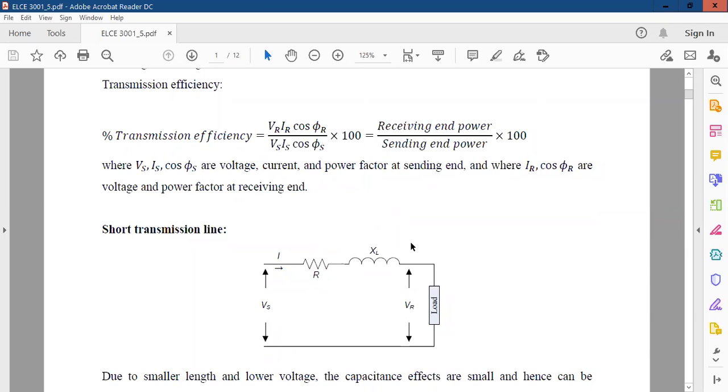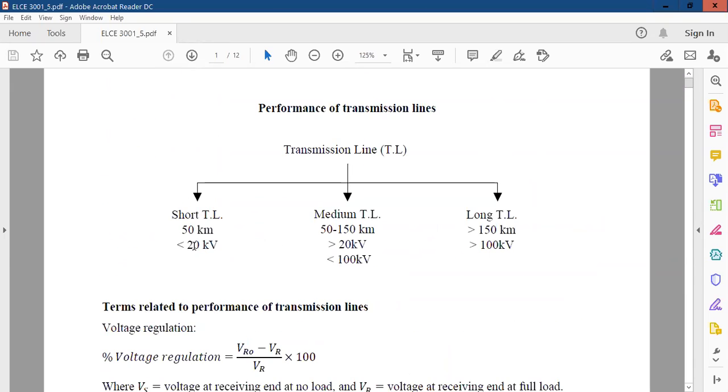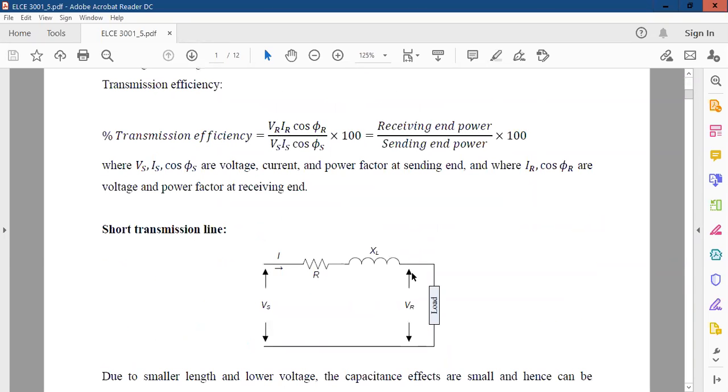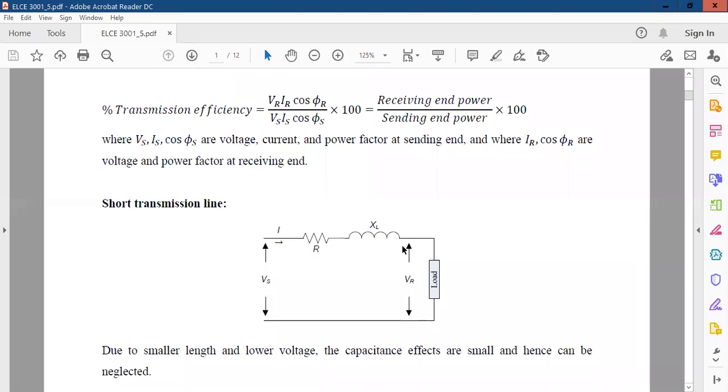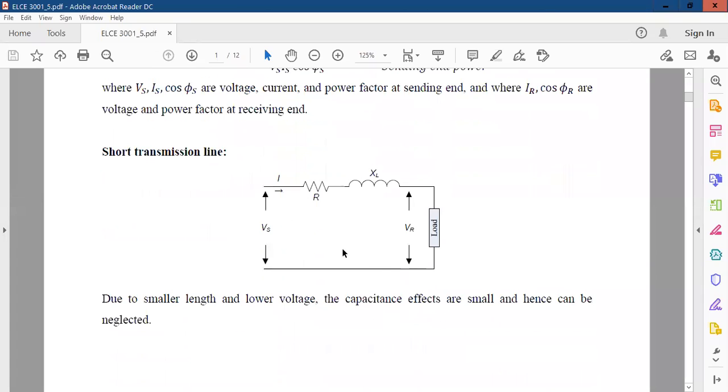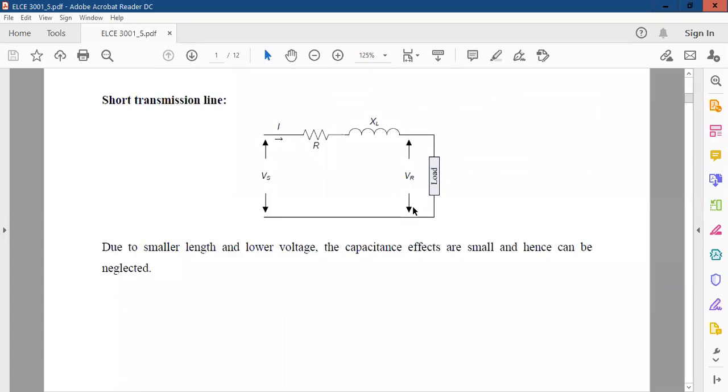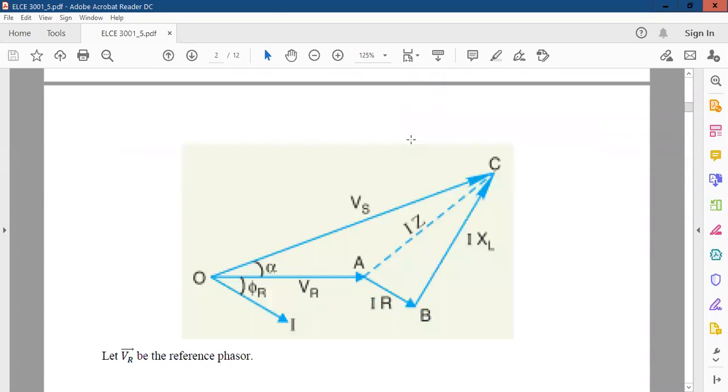But due to the smaller length and low voltage, here you see voltage is less than 20 kilovolt, the effect of capacitance is very small, and therefore it can be neglected when we are working with short transmission lines. Now, here, this is the sending end voltage, and this is the receiving end voltage.